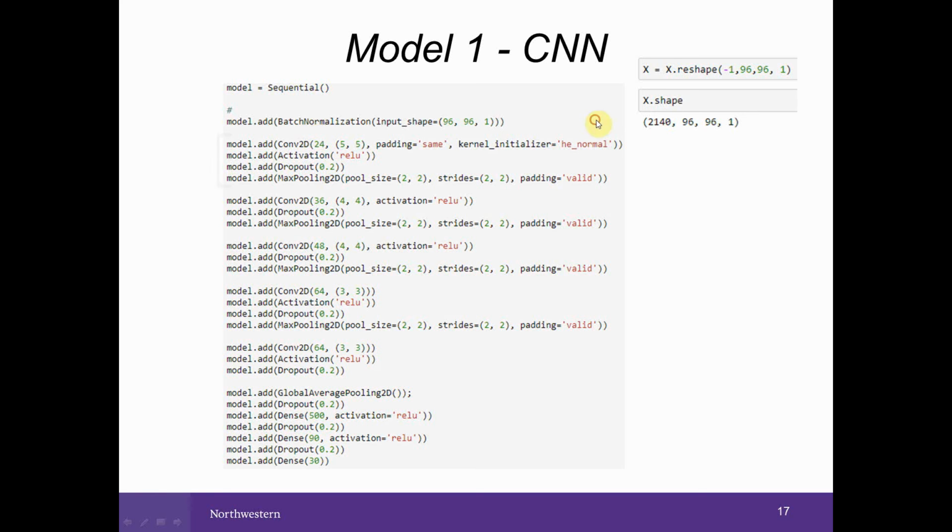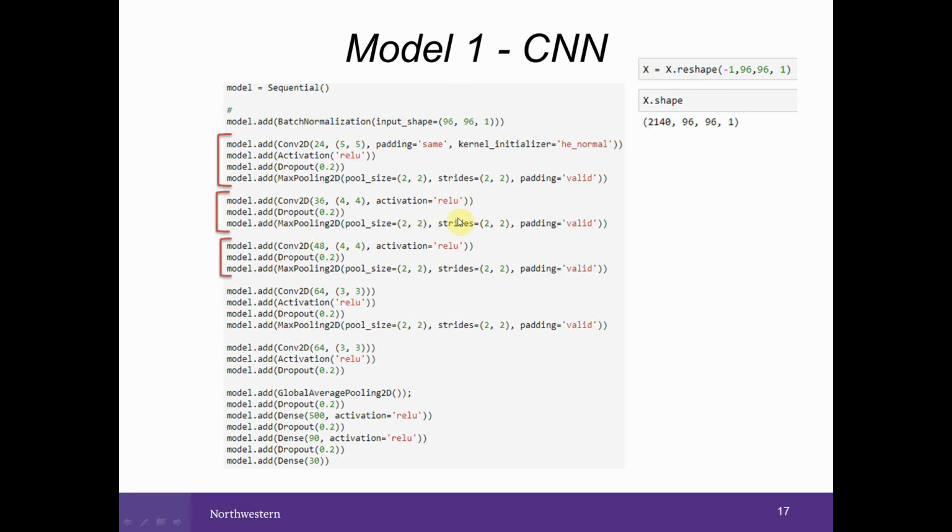So back to the model. If we take a look at this first grouping here, this is very typical of a convolutional net structure. Start with adding a convolutional layer, then an activation function. I'm doing ReLU on all of mine here. Then you do something like dropout, max pooling. The next one, convolutional layer, activation, dropout, max pooling.